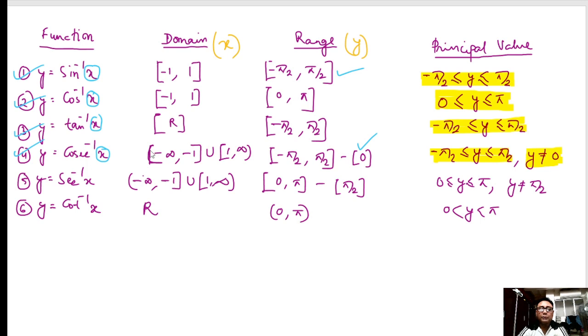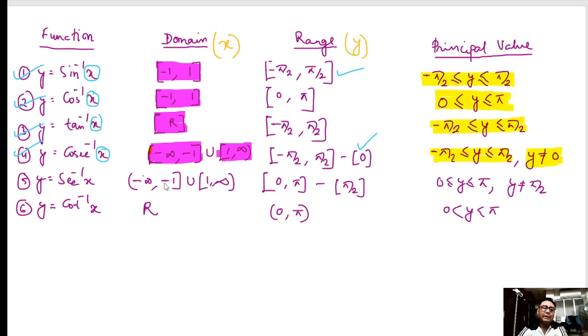Let me highlight these also so that it becomes easy. For sine inverse and cos inverse I can put from -1 to 1. For tan inverse I can put any real number. For cosec inverse I can put from -infinity to -1, and then again from 1 to infinity, and I will not get y equal to 0.